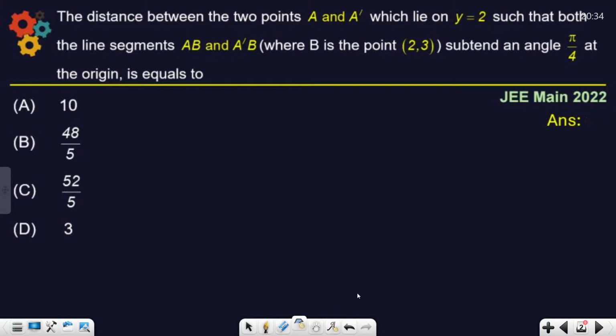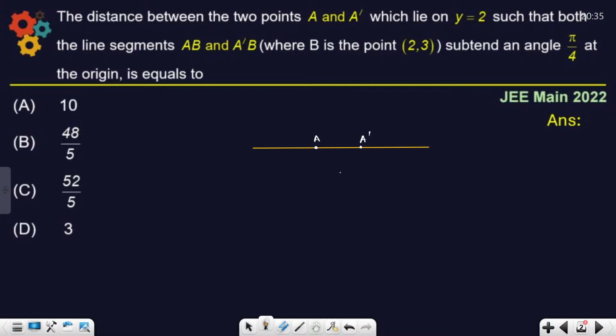So let me just draw a line first. This is my y equals 2, which is parallel to the x-axis. And on this line, we have 2 points. One is A and another one is A dash.